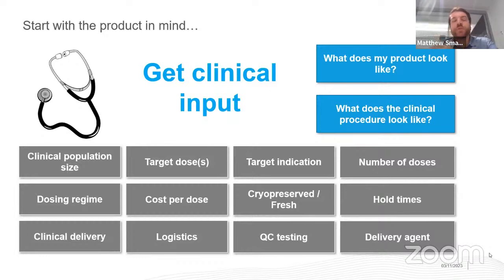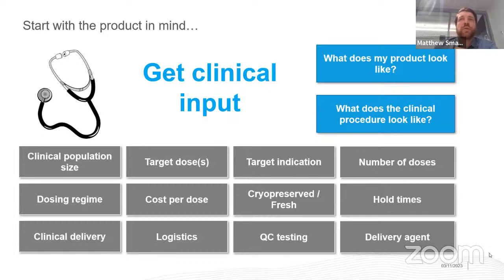So I've touched on some there, but I think it's a good idea to think about what you need at various stages of your clinical development, your translation, in terms of what your batch size looks like. How many doses is a reasonable amount? That's going to be informed by the numbers of patients available to you. It's going to be informed by the cost of goods and the remuneration that you can receive from healthcare providers.